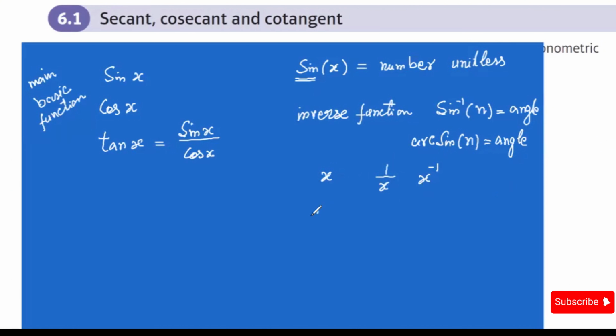Now, sin inverse of x means arc sin of some number x, where x is a number, not the angle. But if I write sin x and its inverse, this means 1 over sin x.